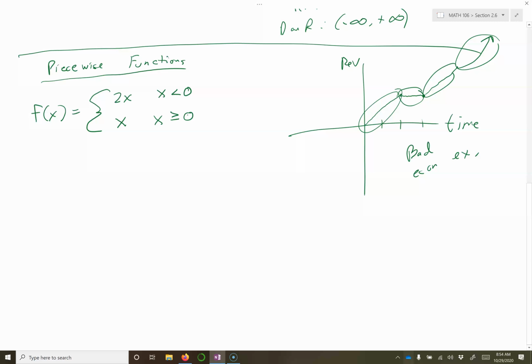All right, so they're going to want you to graph these things. All right, so I'm going to try to draw this nicely. So we're going to need f of x on the vertical or y-axis, and then x is still here. So we're going to have two pieces to do here.